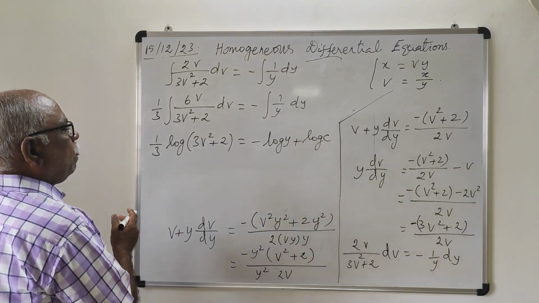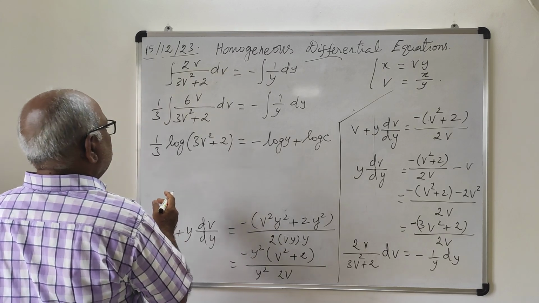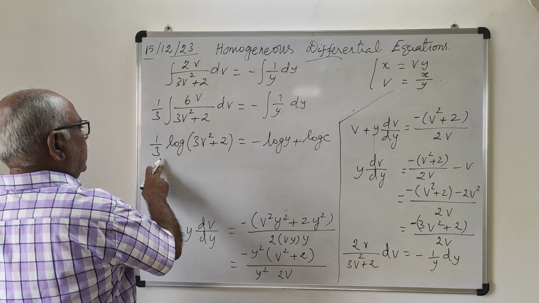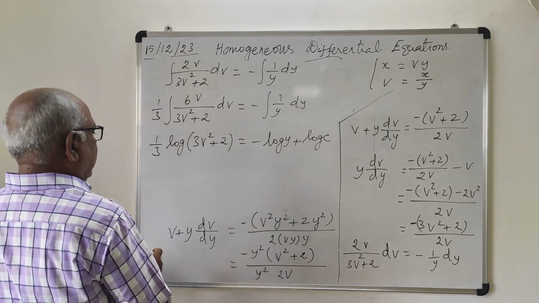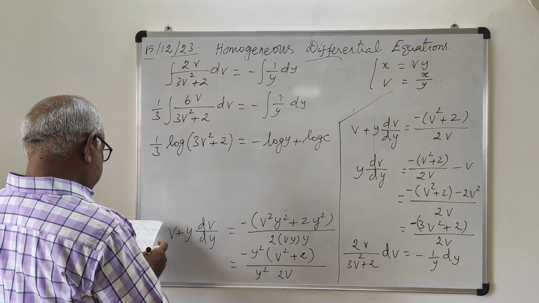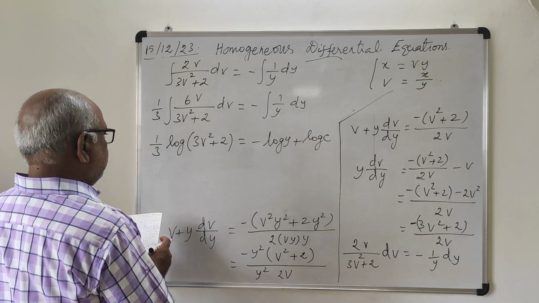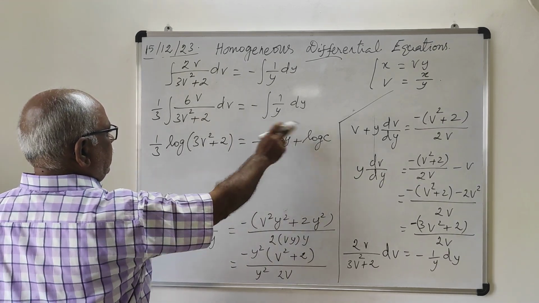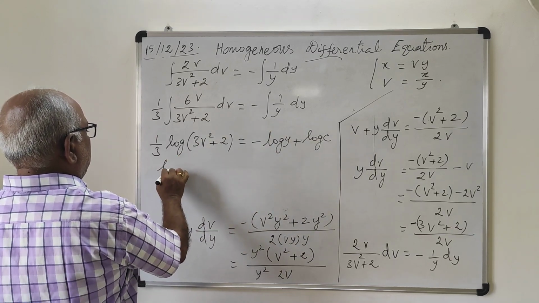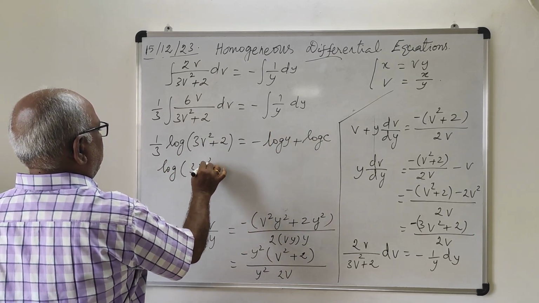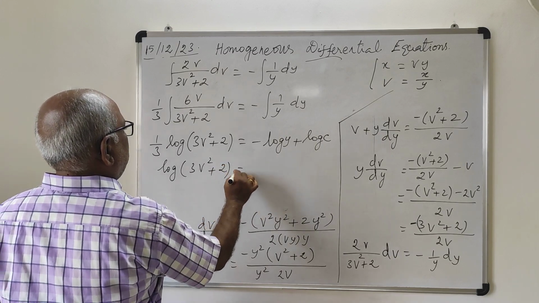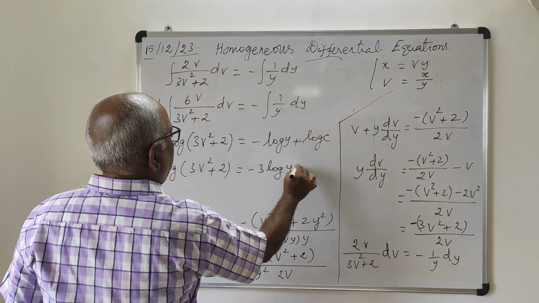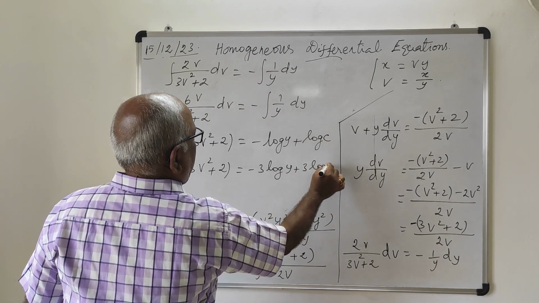Now you multiply by 3 throughout, 1 by 3, I get log of 3v square plus 2 equal to minus 3 log y plus 3 log c.